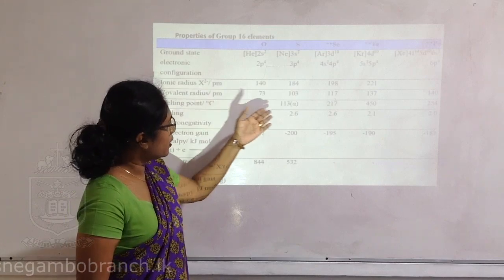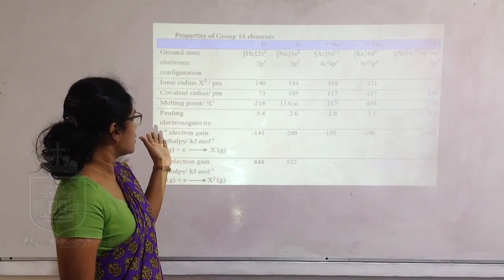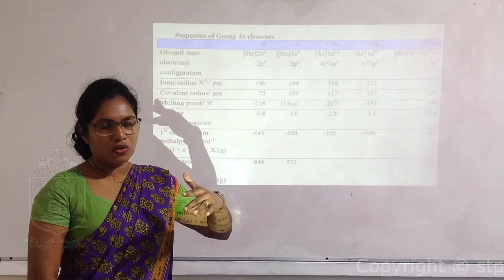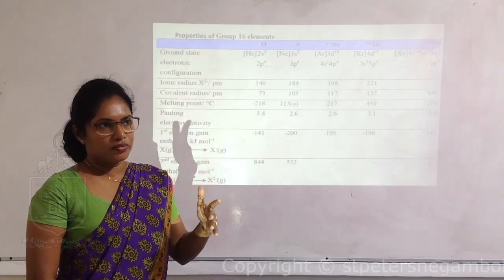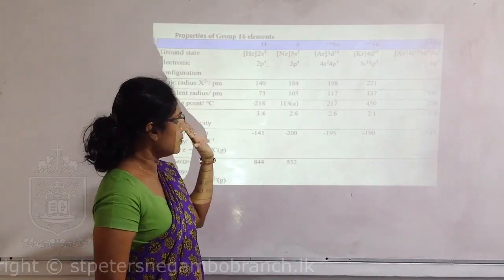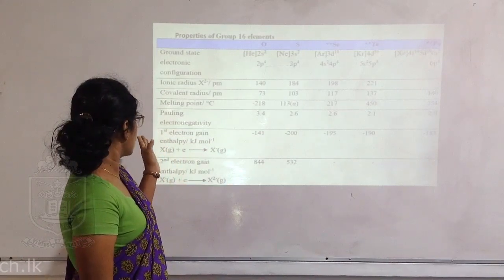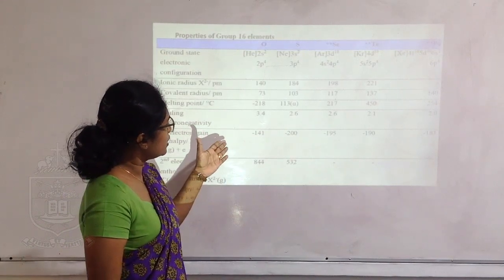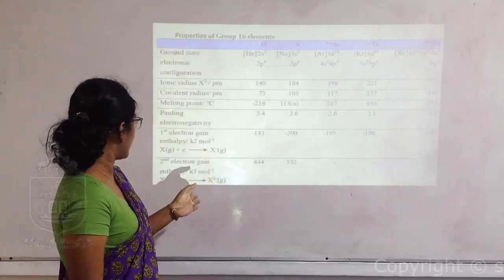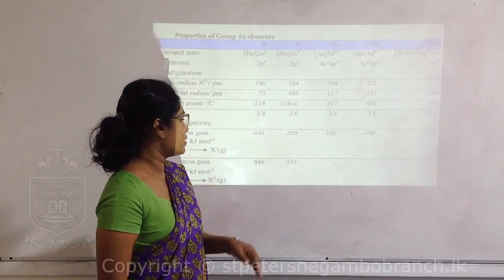And the melting point you can see increases and electronegativity decreases, because when we go down, as I told you, the metallic nature increases and the electronegativity decreases. Then the first electron gain enthalpy you can see here increases, and then the second electron gain enthalpy also decreases here.